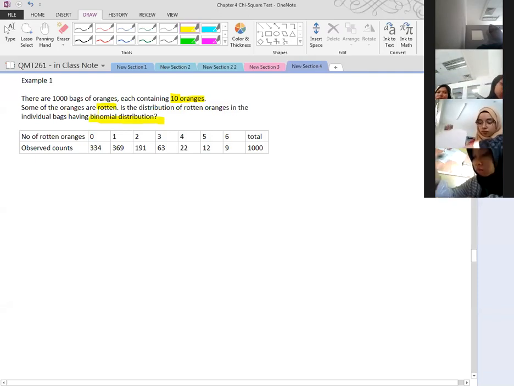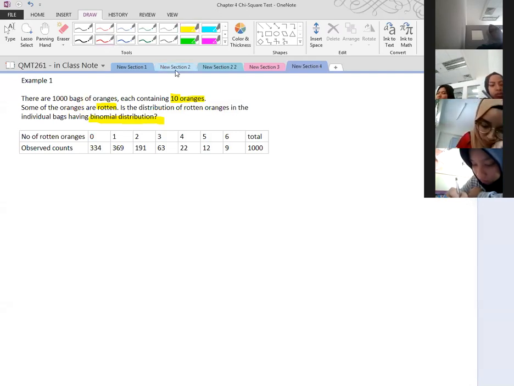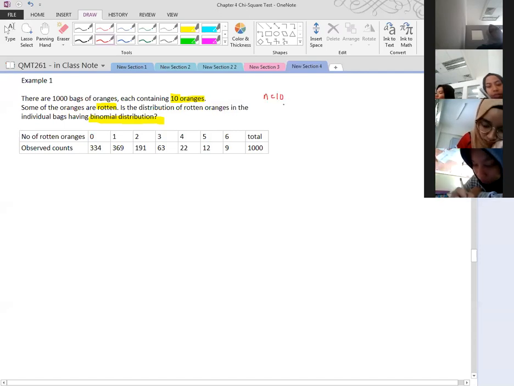So we want to know whether the distribution of rotten oranges follows a binomial distribution. So from here we know that our n is equal to 10, and we don't know the value of p. So X has a binomial distribution with n equal to 10, and p is unknown.